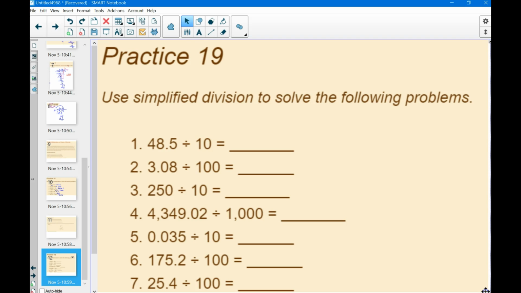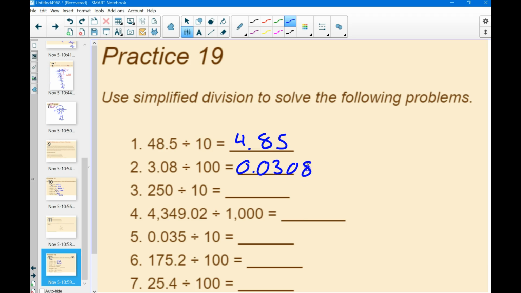Okay, what do you think the answer is going to be for the first one? 48.5 divided by 10. It's going to move 1 place, so it's going to be 4.85. So it moves 1 place to the left. Down here we have 3.08 divided by 100. So it's going to be 0.0308. Has to move 2 places, 1, 2, and that's where the 0 here comes in.